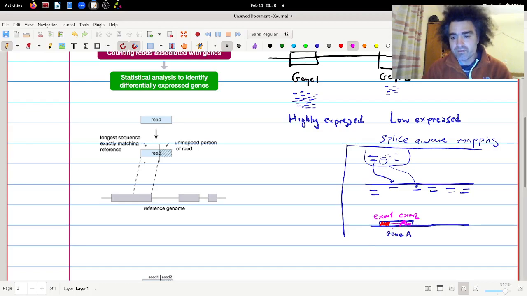So this intron will not go to the mature RNA. In other words, the mature RNA will be only this thing. Because of splicing. So I will write the word splicing here.